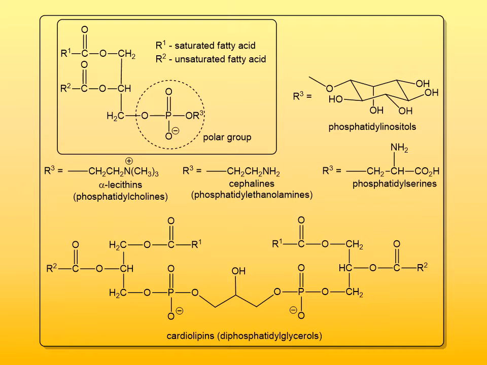Then there are phosphatidylinositols with serine as alcohol. So the hydroxyl group of serine is the one that participates in esterification with phosphate. They are phosphatidylserines. And finally, if a molecule of glycerol serves as a bridge, as if it bonds two phosphate groups from two different phosphatidates, then the resulting relatively large molecule is called cardiolipin.